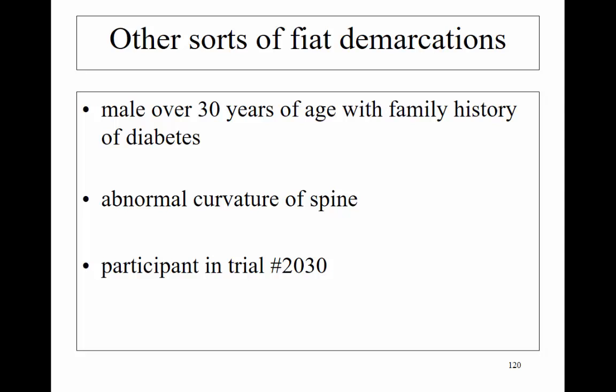But now there are going to be borderline cases. And abnormal curvature of spine is a very good example, and it's another threshold example. So what counts as abnormal? Where does it become abnormal, and where does it become just a bit curved?